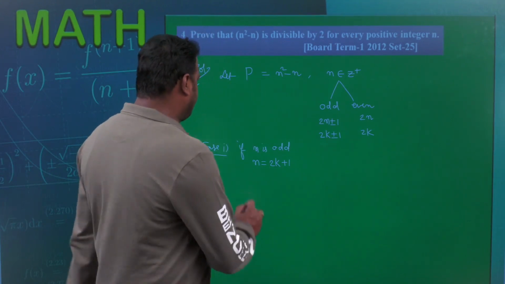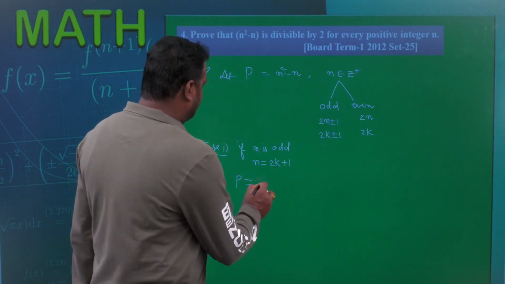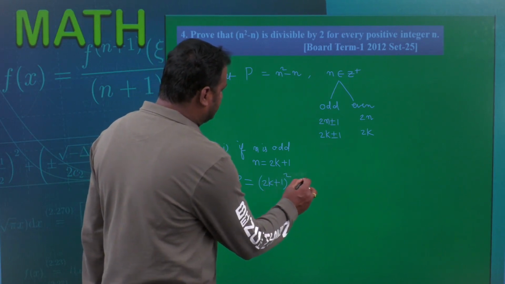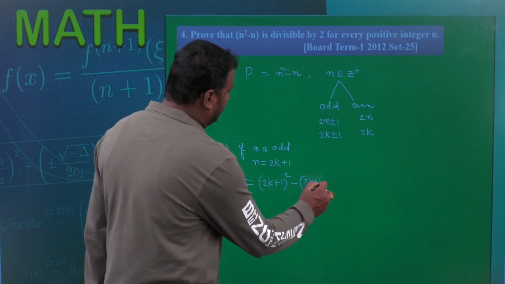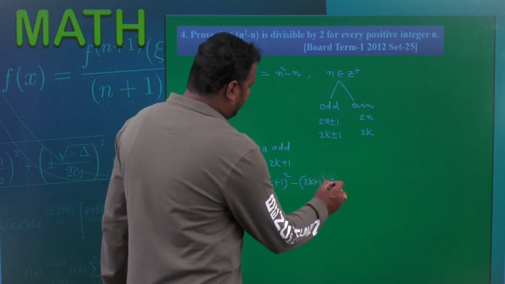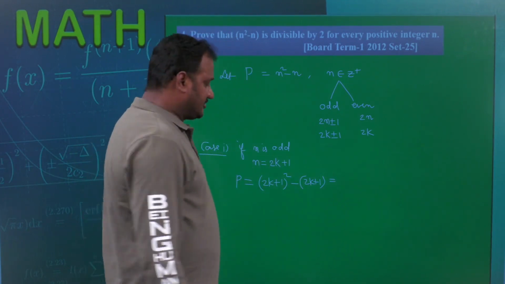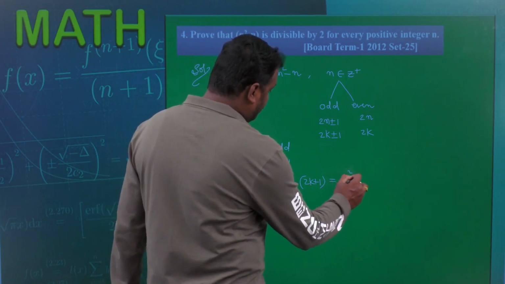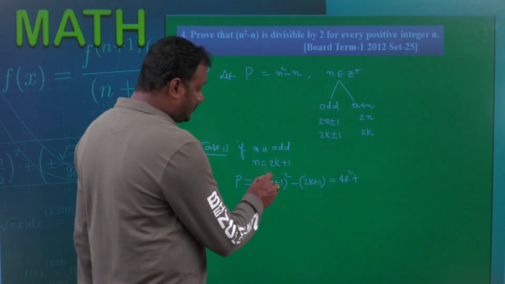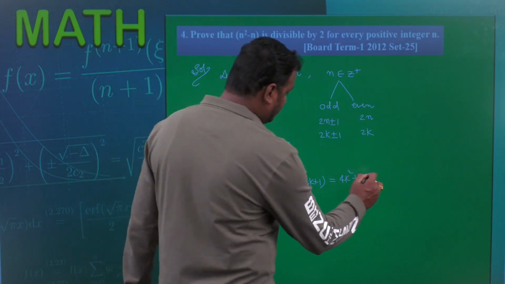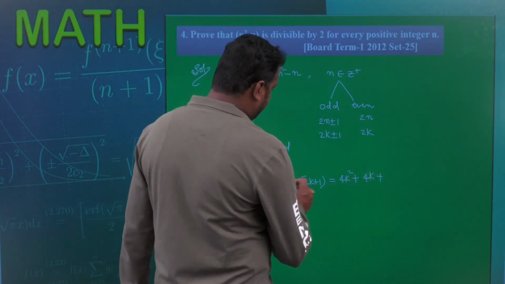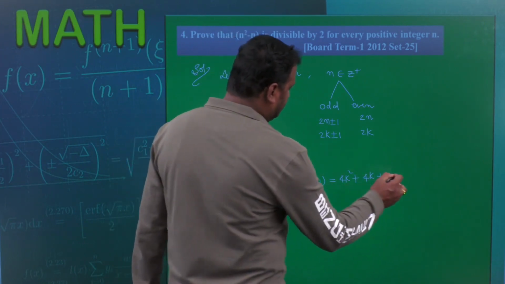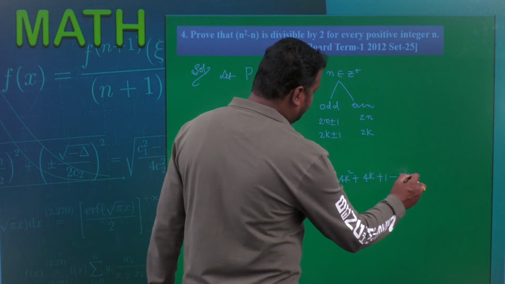If you substitute that, then p is equal to (2k plus 1) whole square minus (2k plus 1). (2k plus 1) whole square is in the form of (a plus b) whole square: a square, (2k) whole square, is 4k square, plus 2ab, 2 into 2k into 1 is 4k, plus b square, 1 square is 1, minus (2k plus 1), so minus 2k minus 1.